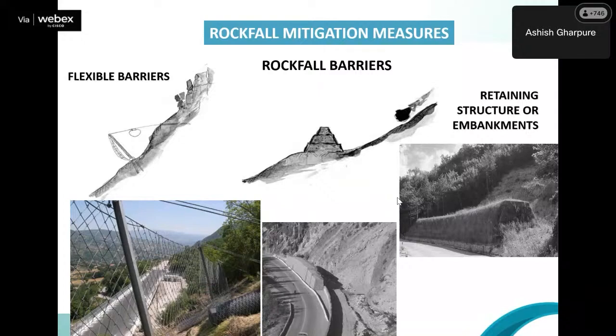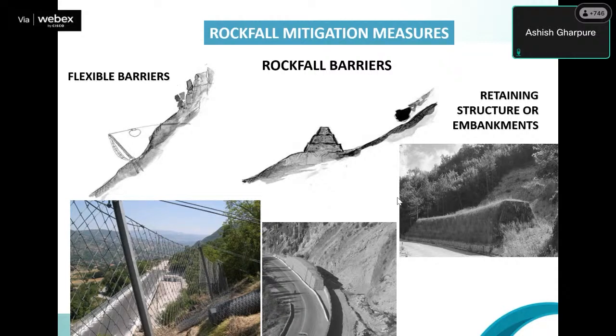When we talked about rolling down of rocks, there could be flexible barriers, or you can put some embankments or rigid barriers as well. It all must be designed to the rolling mass energy, the stoppage energy required for that. Even a soft embankment could absorb the energy.